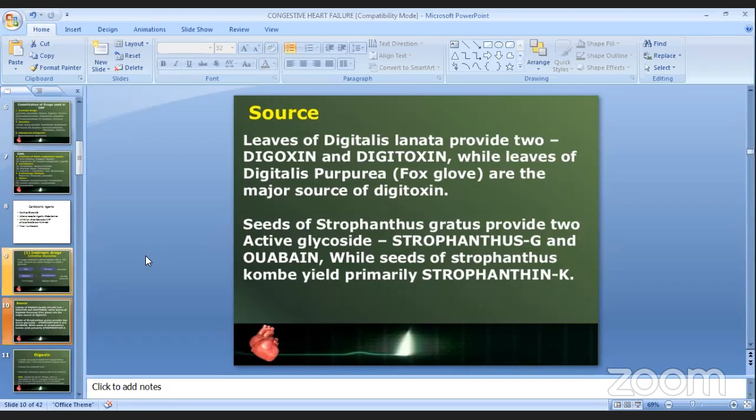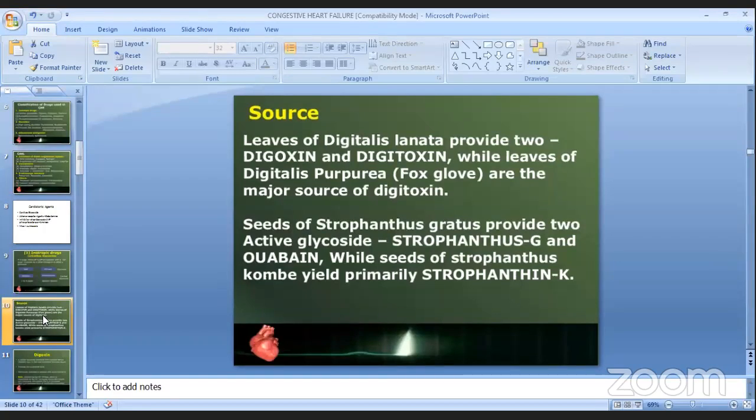Digitoxin and digoxin are the major sources from digitalis. From the seeds of Strophanthus we can also get Strophanthus K and Strophanthus G. These are also glycosides, steroidal glycosides.